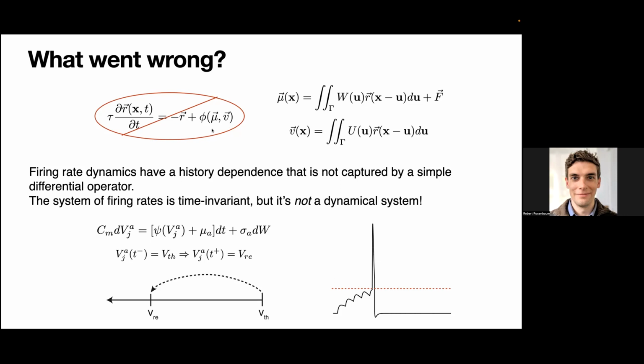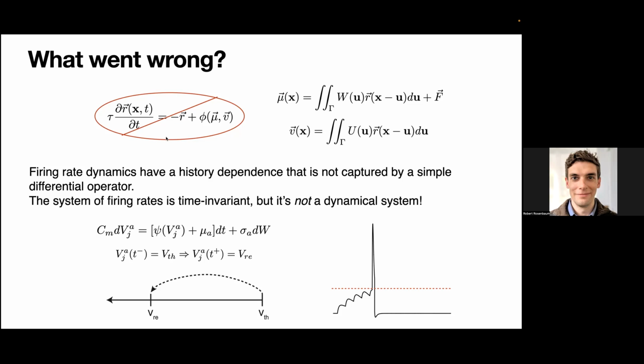Another way to say this is the system of firing rates, if you view it as a system in the sense of physics, is time invariant. There's nothing special about one point in time versus another point in time, but it's not a dynamical system. You can't predict its future based on its present state. And that's because there are some hidden dynamics coming from the membrane potential that cause that to happen. So that causes a history dependence that is not captured by this ODE, right?